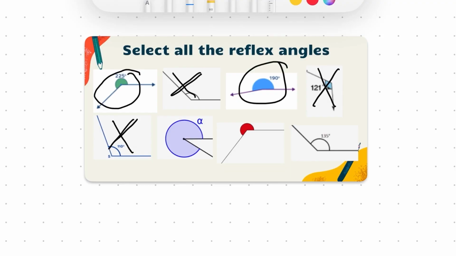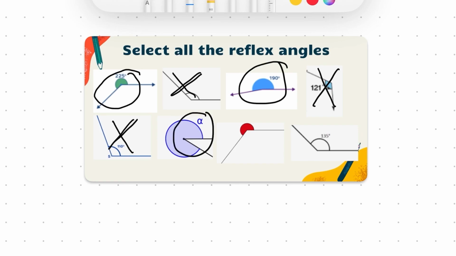Our next diagram shows an angle called A, and to me, it looks like it measures around 340 degrees. That's just an estimate, but that is a reflex angle because it's not an entire circle, nor is it less than an obtuse angle. So therefore, we can say that this is also reflex.